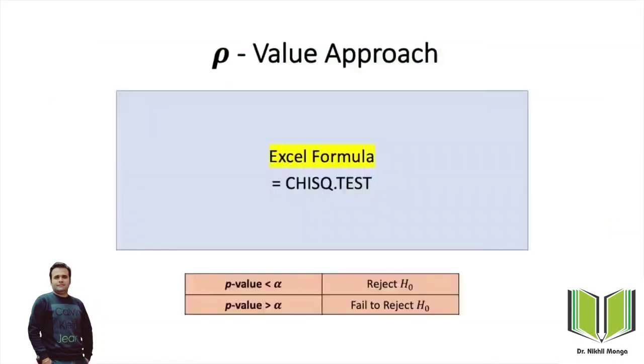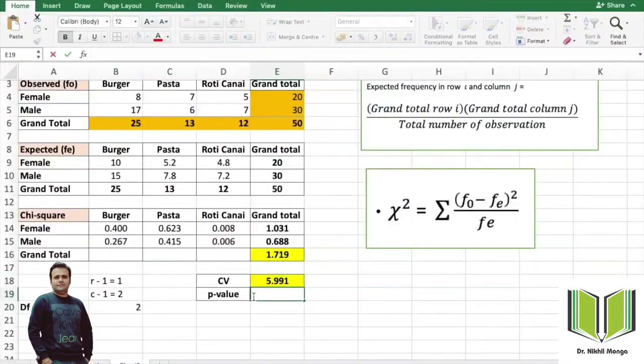Now the next approach is the p-value. We need to calculate the p-value using Excel, and the formula in Excel is CHISQ.TEST. So we use this function in the Excel sheet. If the p-value is less than alpha, we reject the null hypothesis.